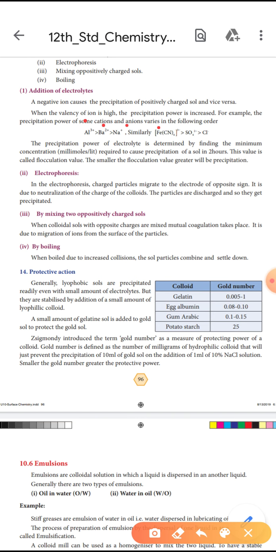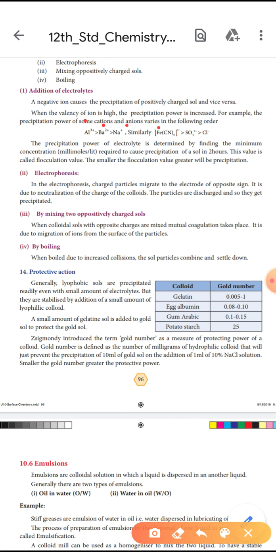So the second method is electrophoresis. In electrophoresis, charged particles migrate to the electrode of opposite sign. For example, a negative ion moves toward the positive electrode, and a positive ion moves toward the negative electrode. It is due to neutralization of the charge of the colloids.